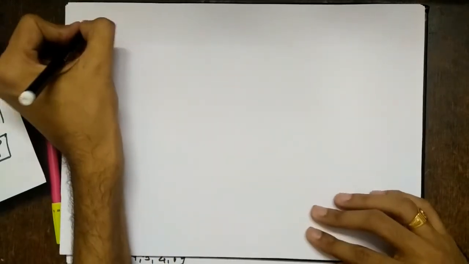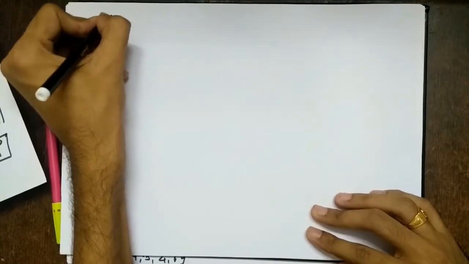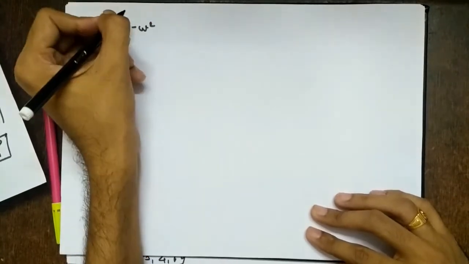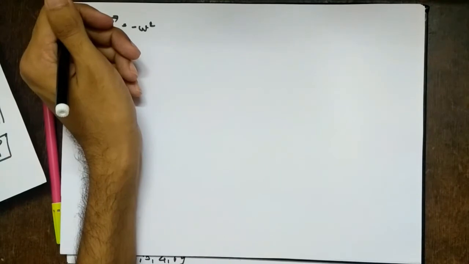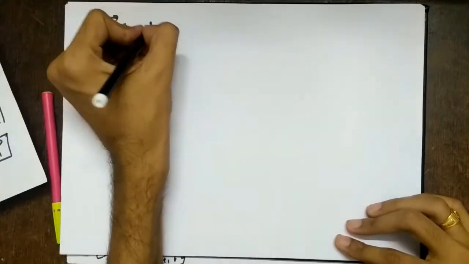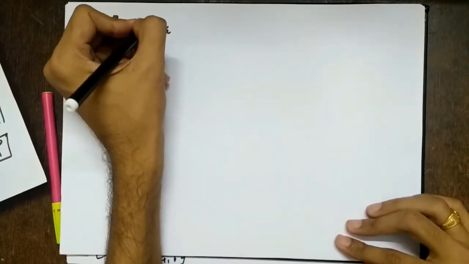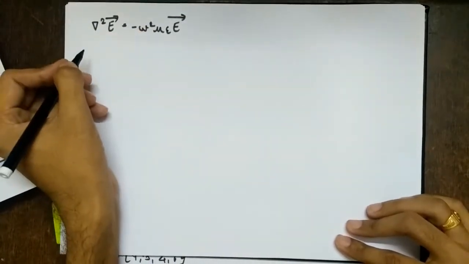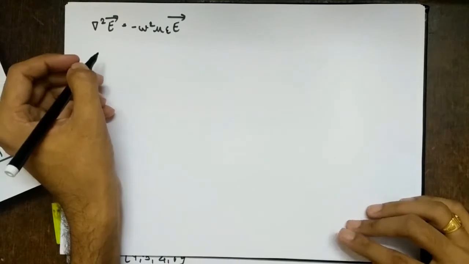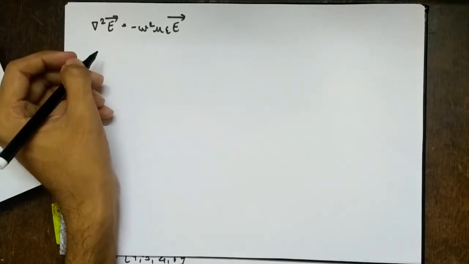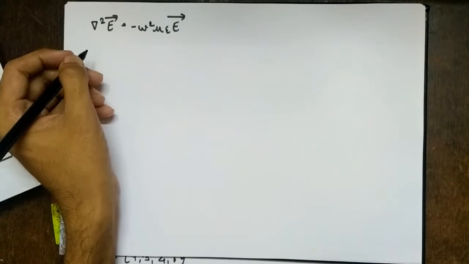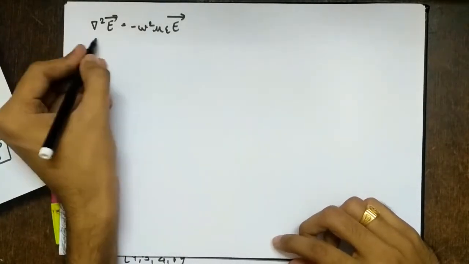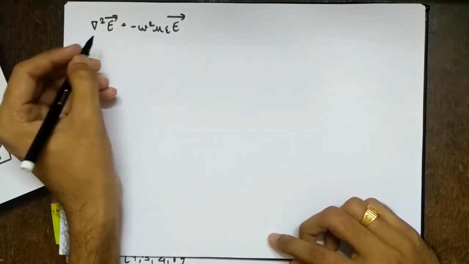So let me write down the electric field form of the wave equation in terms of harmonic fields. It is minus omega square mu epsilon e vector. So this is the wave equation in terms of harmonic fields.